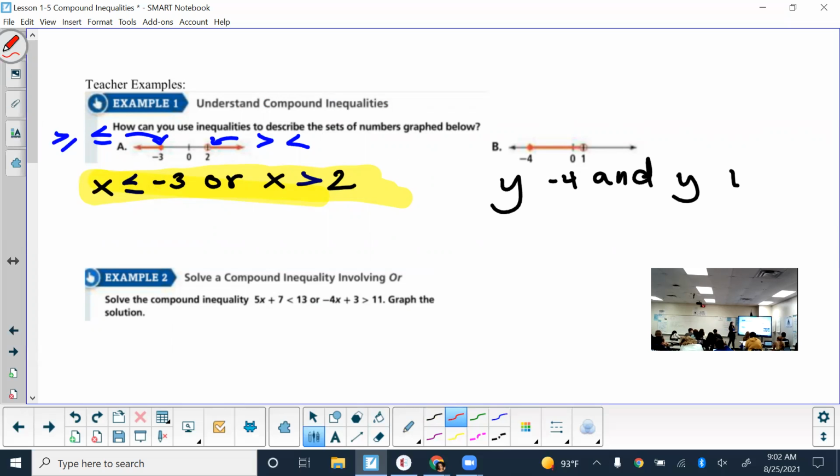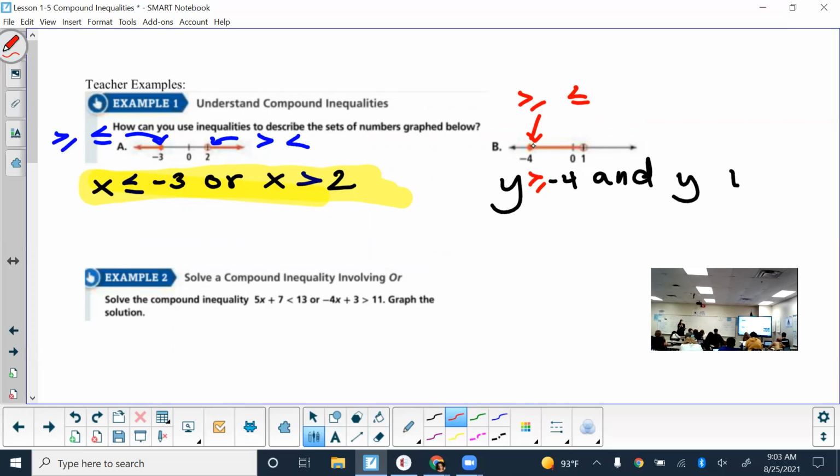So on the -4, what are my options for the symbol since it's closed? Good, and which one makes sense? All right, greater than or equal to, because what's colored or highlighted with the arrow is bigger than the -4.